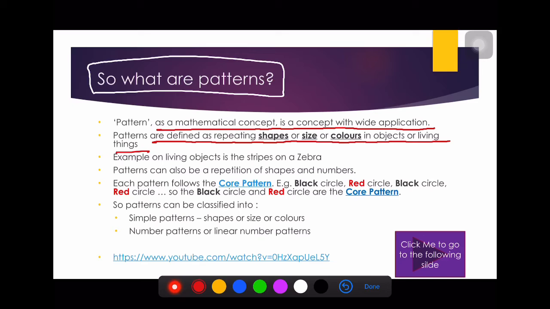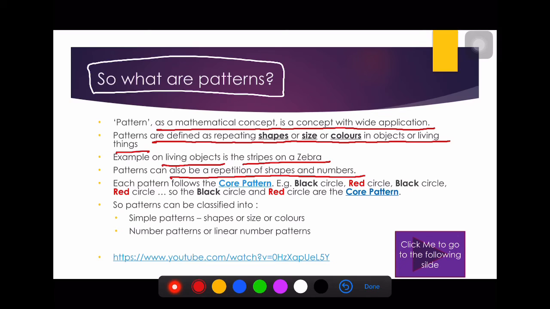An example will be stripes on a zebra. And patterns can also be a repetition of shapes and numbers. So actually it's things, 2D, 3D objects, which can be repeated and can be turned into patterns.